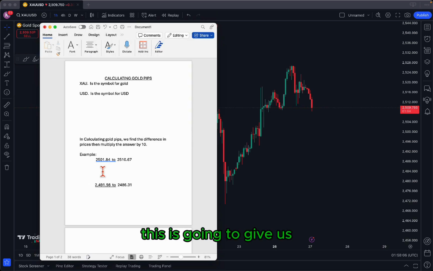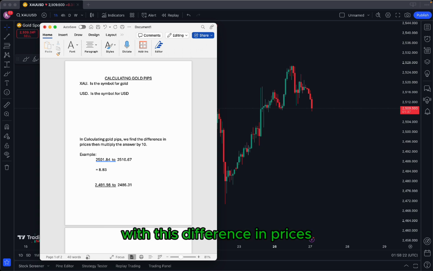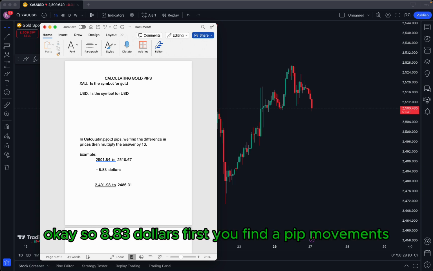This is going to give us 8.83. And what you have to keep in mind is that this difference in prices means the difference is $8.83. Okay, so $8.83.